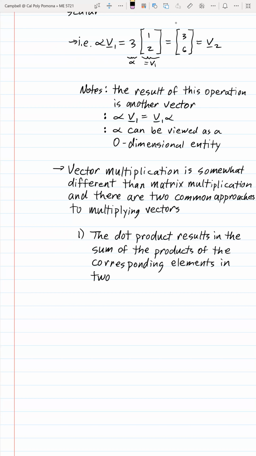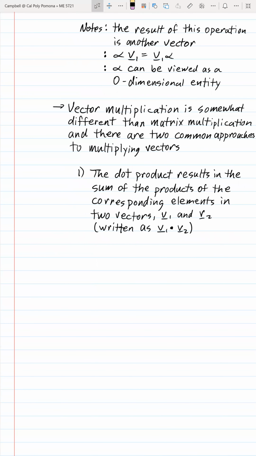Here, I'll just go with n for simplicity, where those two vectors are v1 and v2. And the dot product itself is written as v1 dotted into v2. Well, that's kind of an interesting statement.